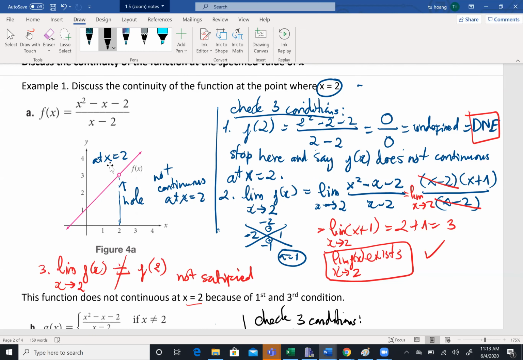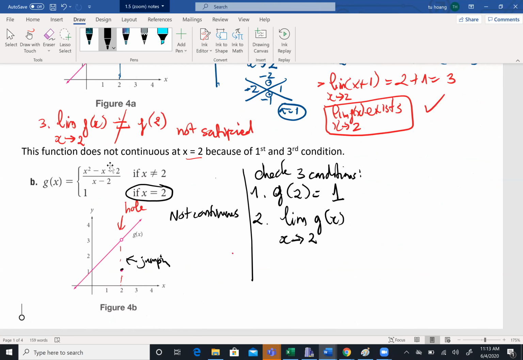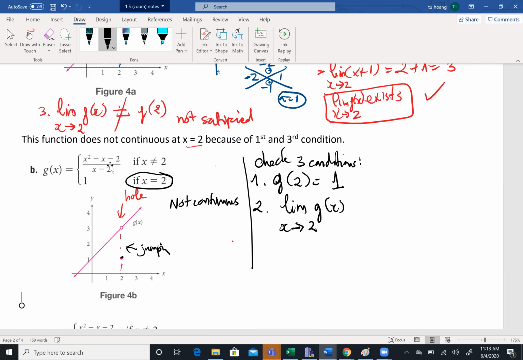It's not a piecewise function, so I can right away apply the function into the limit. But here it is a piecewise function. You should not apply the function of g in here, because why? Because you have two parts here. Which one do you want to apply? You don't know, right?